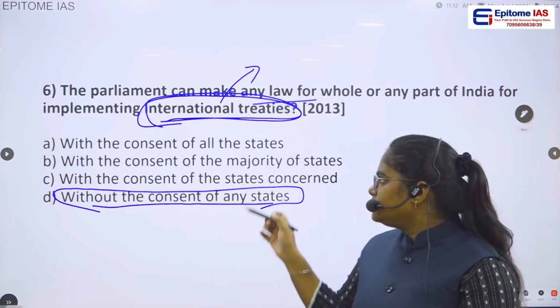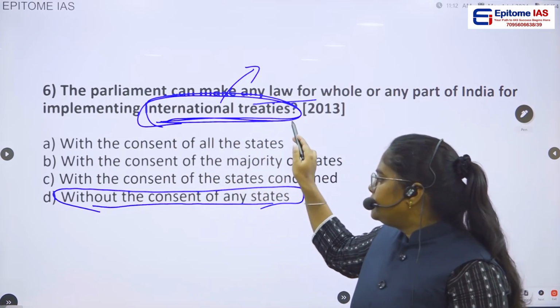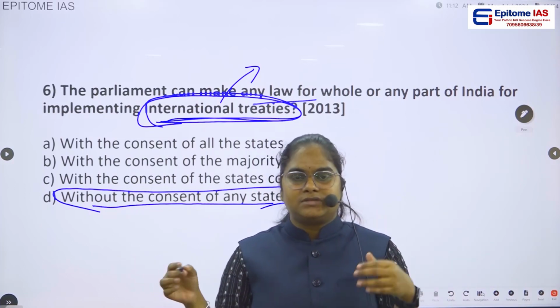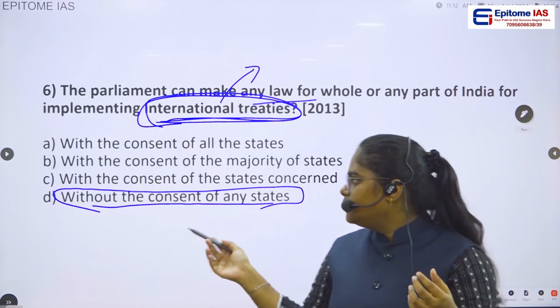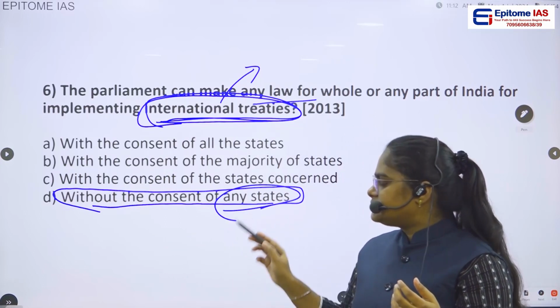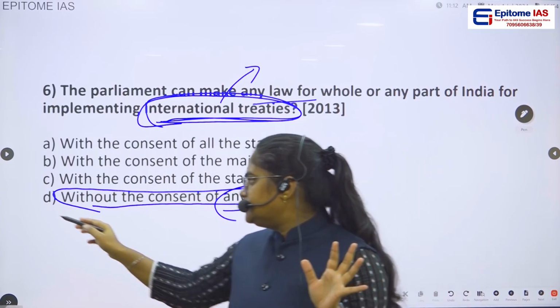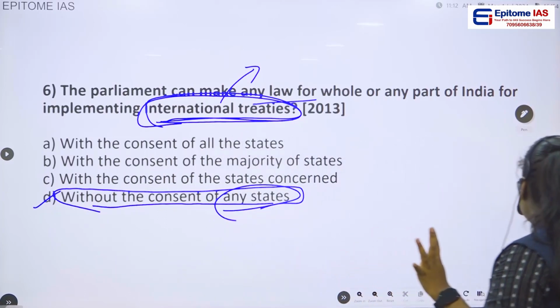So that's why in this case, whenever there is an implementation of international treaties, the parliament does not have to get the consent of any state. It can directly make laws regarding the international treaties. So option D is the correct answer.